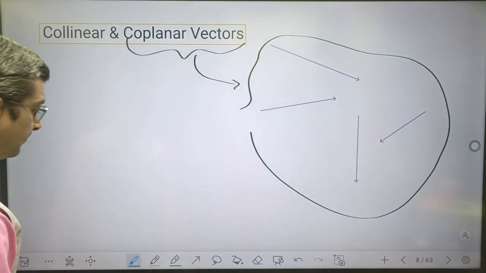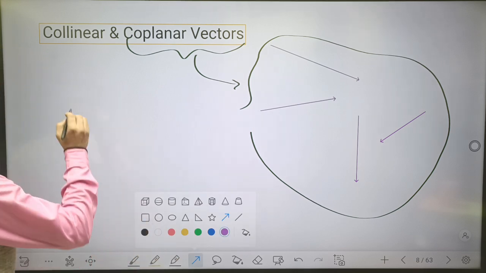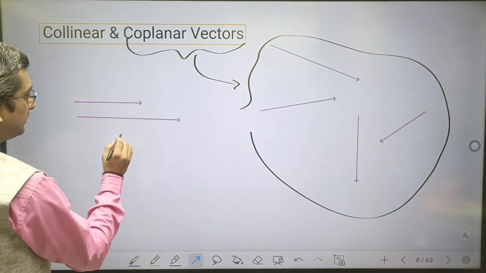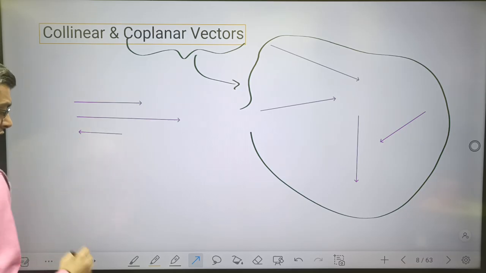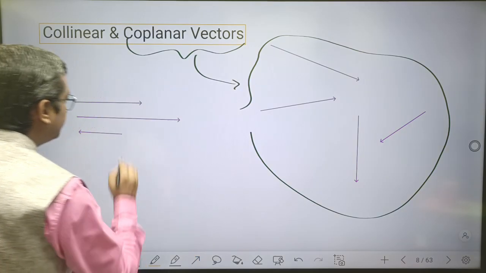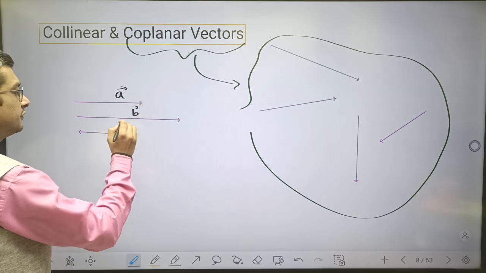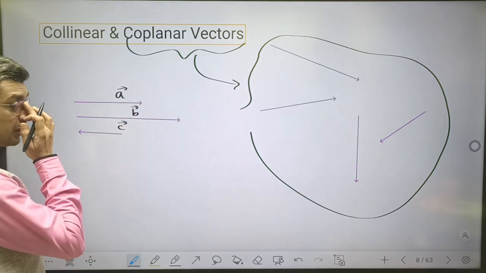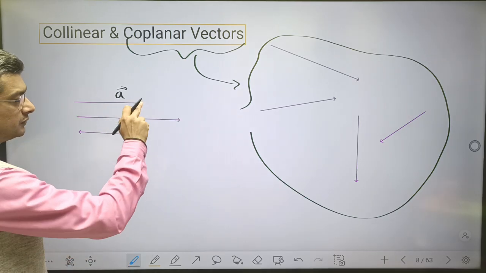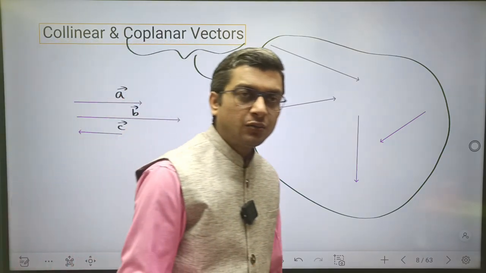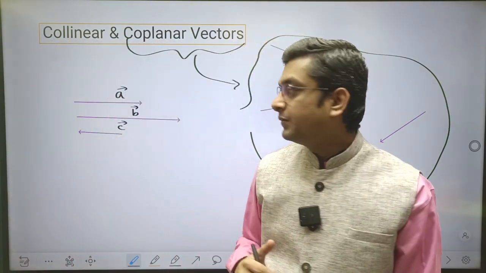As far as collinear vectors are concerned, these are parallel. Suppose this is vector A, vector B, and this is vector C. If you observe the line of action of these vectors, they are parallel to each other, so that's why they are known as collinear vectors.